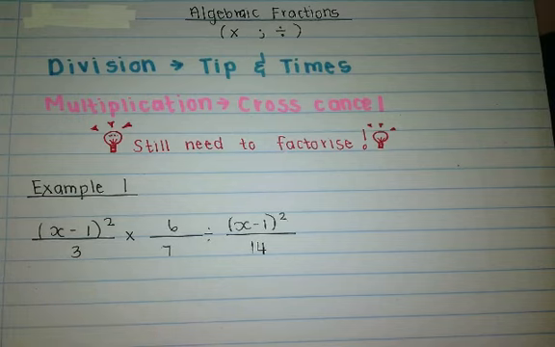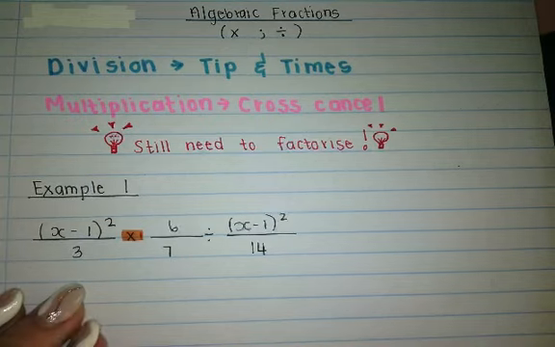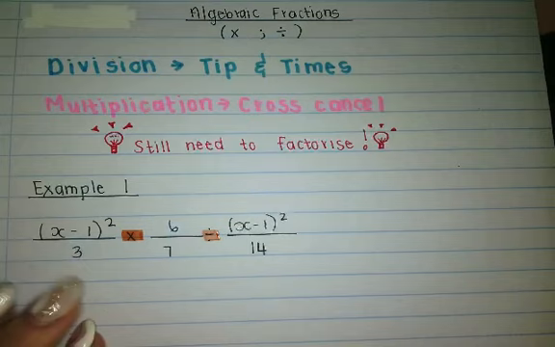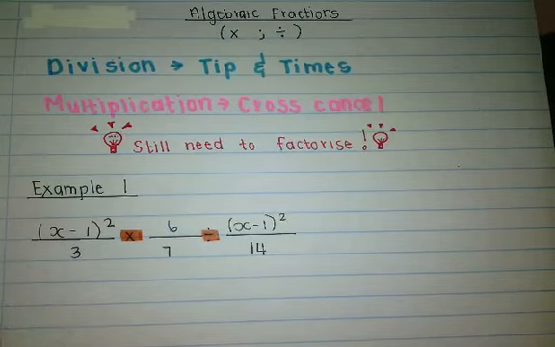So our first example, you now need to see what operation are we working with here? Multiplication and division. So, before we even begin with cross cancelling, what are we going to do first?